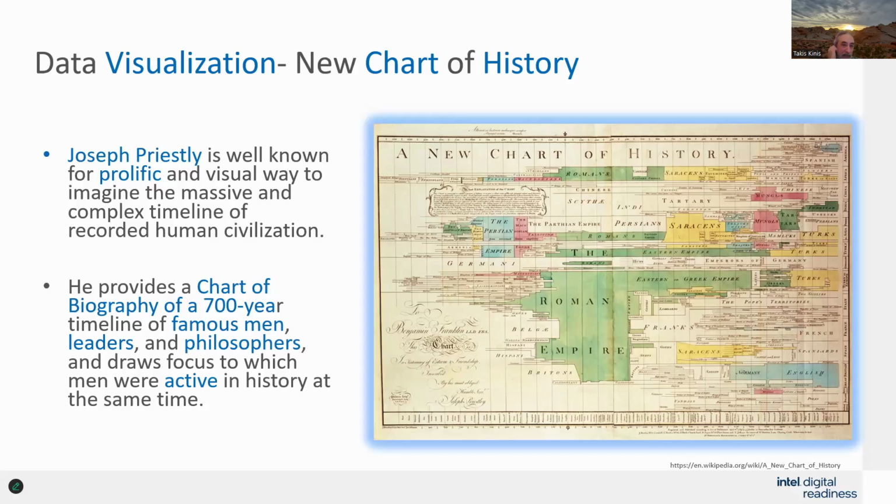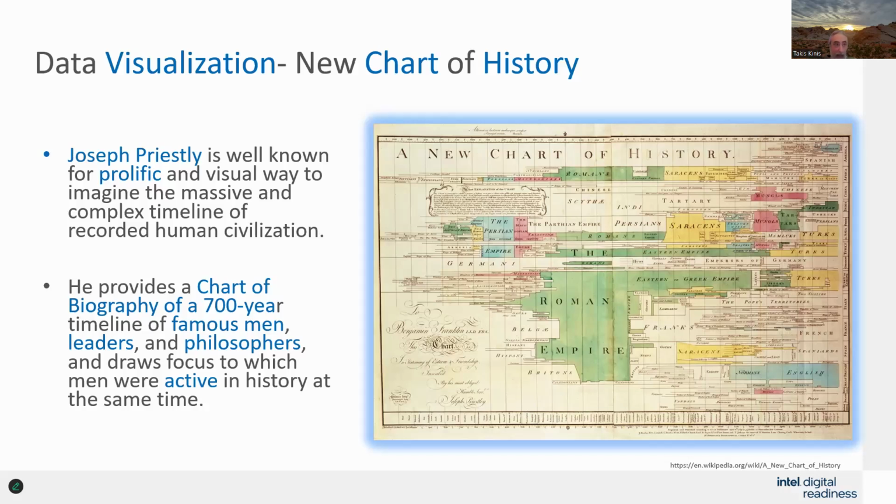This is by Joseph Priestley. It's a chart of the biography of a 700-year timeline of famous men, leaders, and philosophers, and draws focus to which men were active in history at the same time. So if you wanted to see who was around when Napoleon was around, these people are all plotted on here.